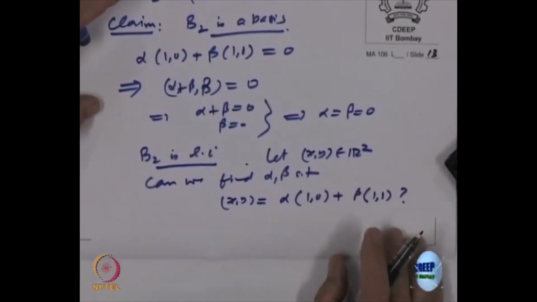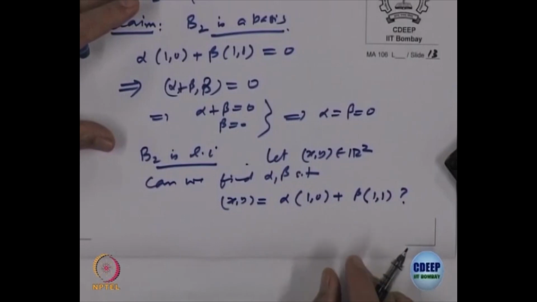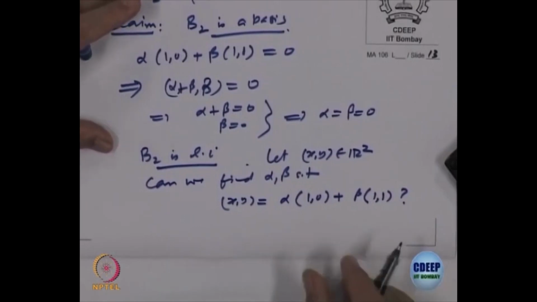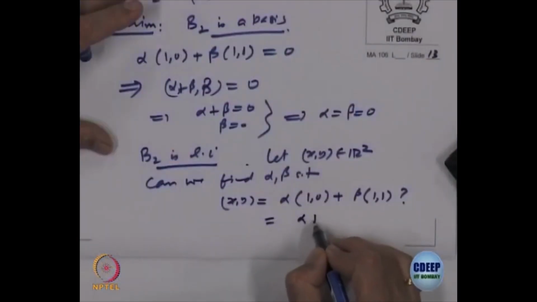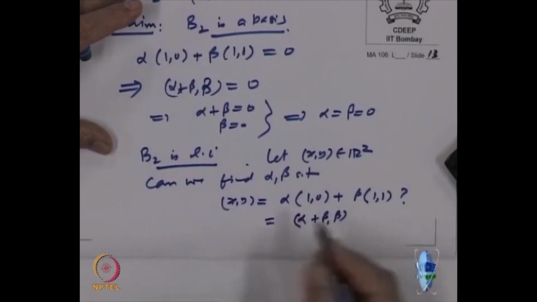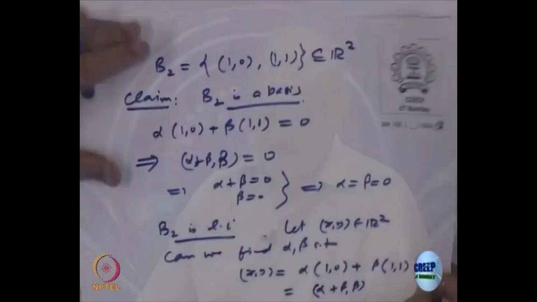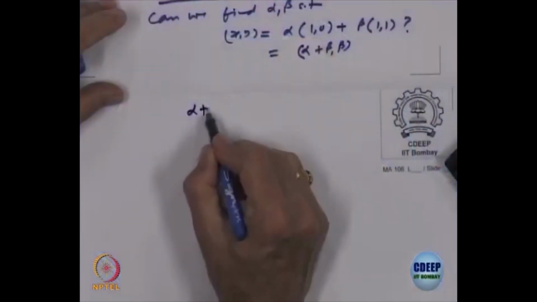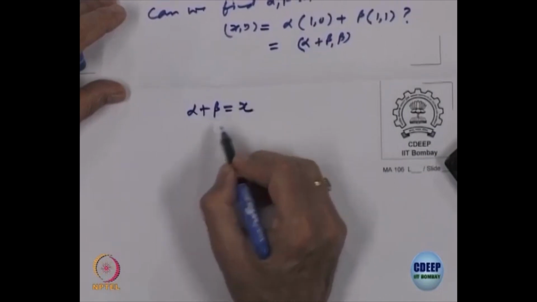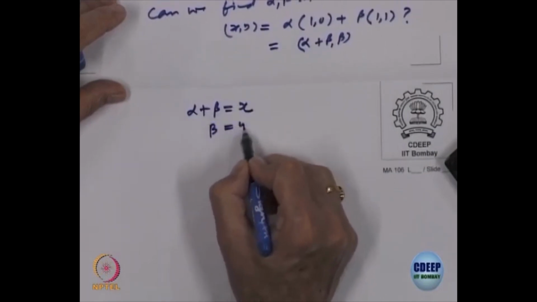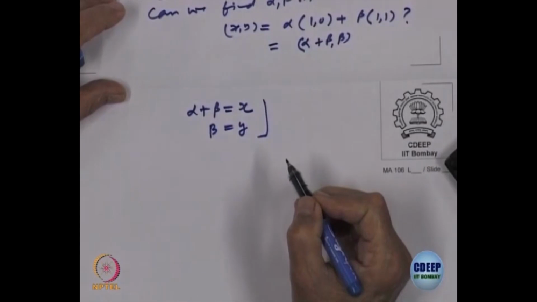That is the question. If I can find them, then (x, y) will be a linear combination of these two. That is (alpha plus beta, beta). So, this is the same as saying that alpha plus beta is equal to x and beta is equal to y.